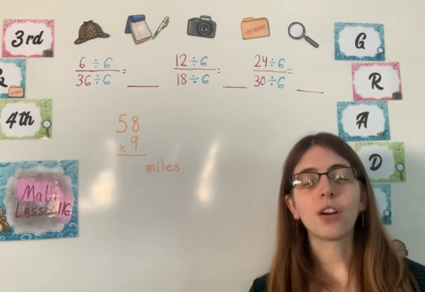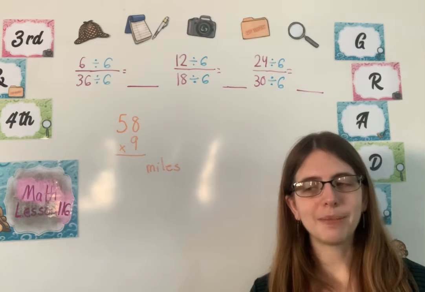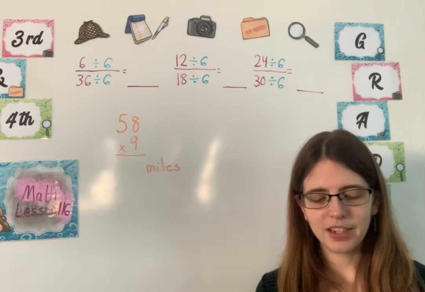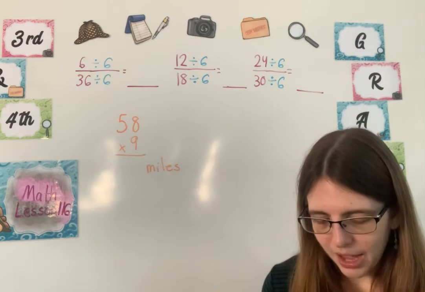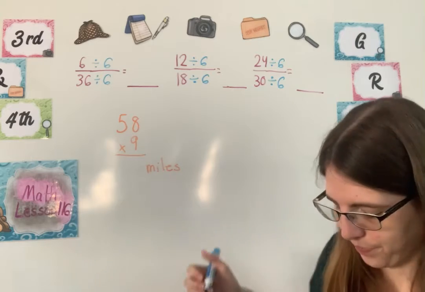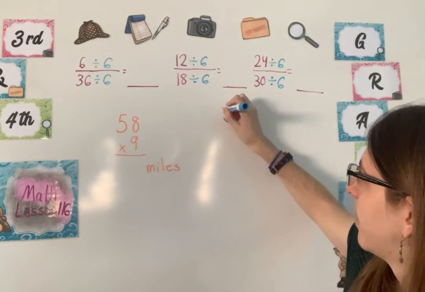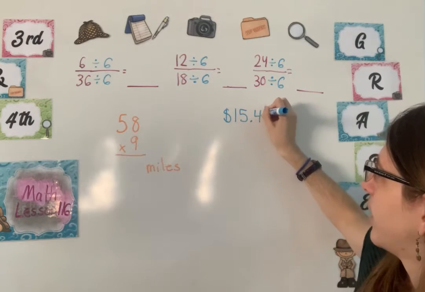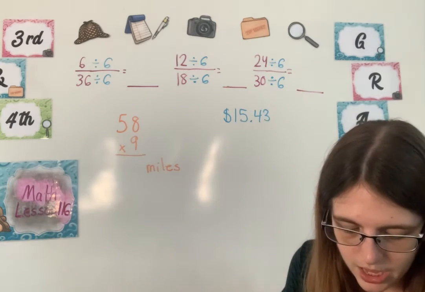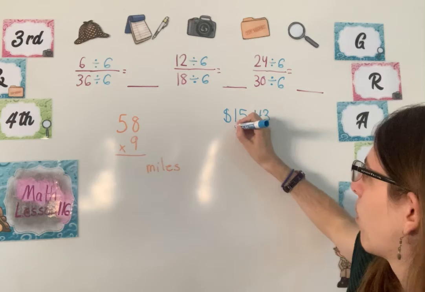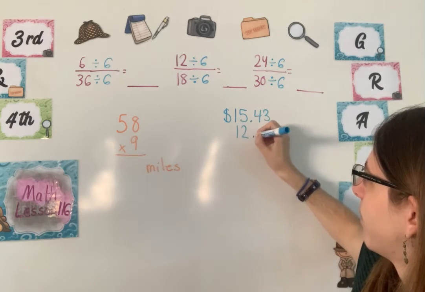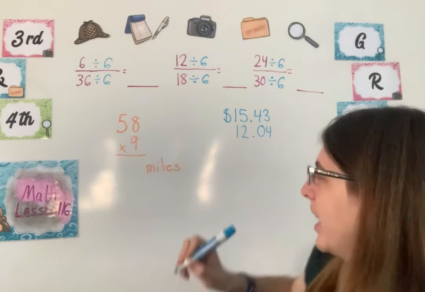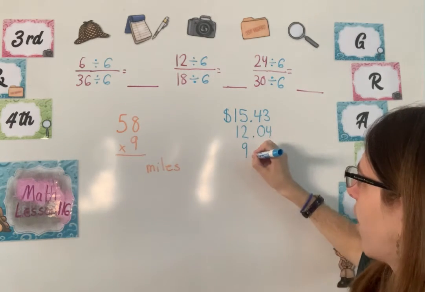So I want to know her cambio from all the money she spent. So first I have to figure out how much money she spent. So in workspace B, I'm going to add up what she spent. $15.43 on the first day. She spent $12.04 on the second day. And $9.79 on the third day.